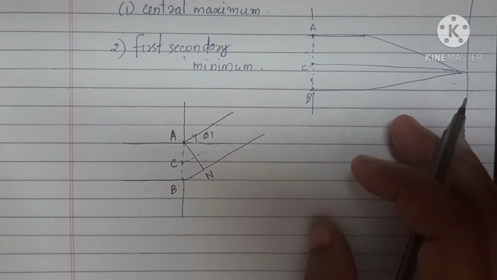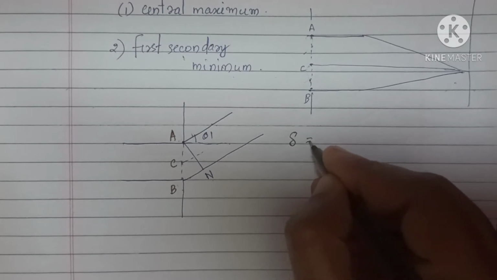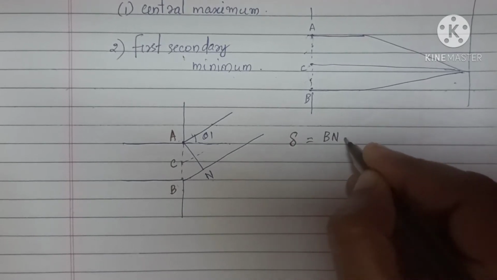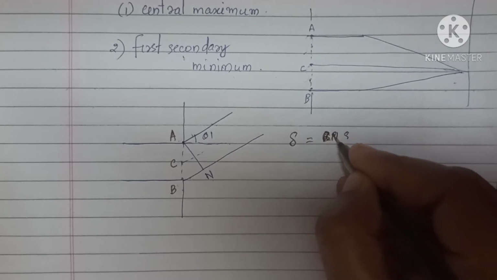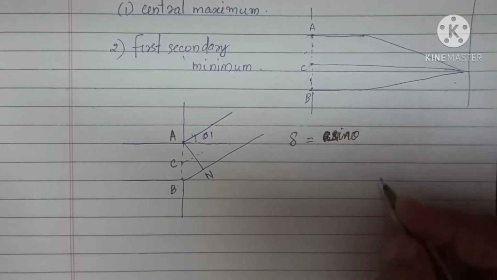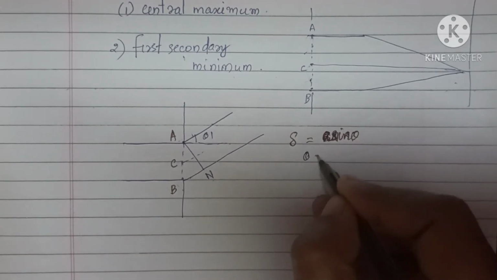Now here we have the expression for path difference, that is delta equal to A sin theta, isn't it? Here theta is equal to theta 1.